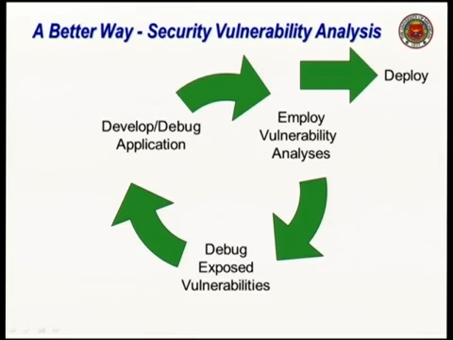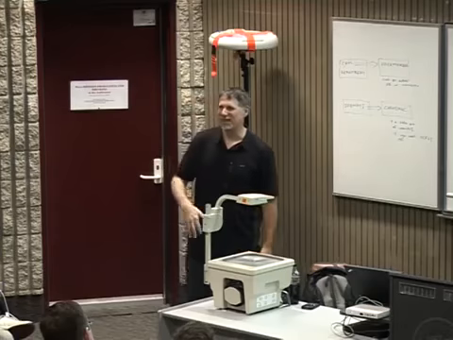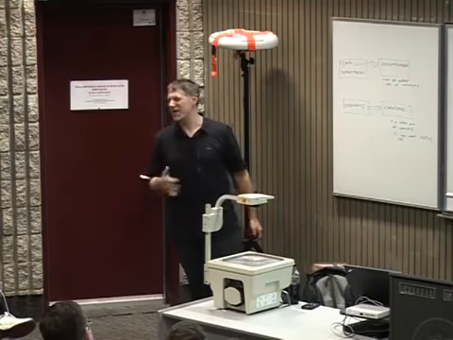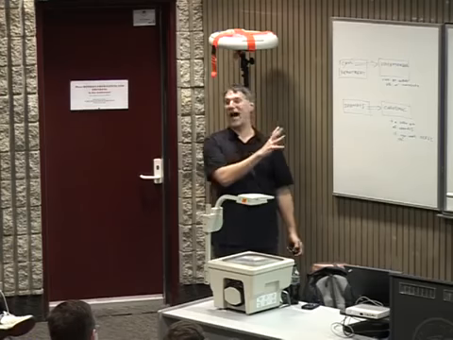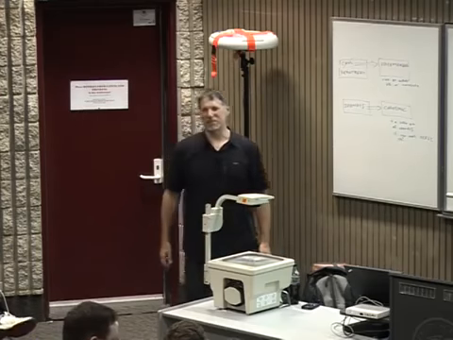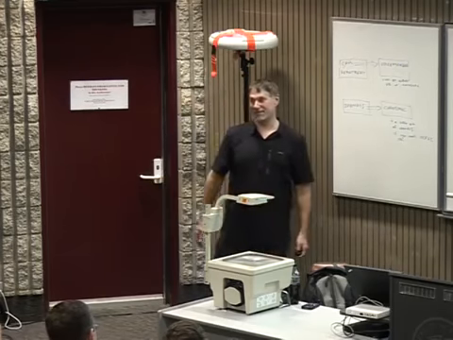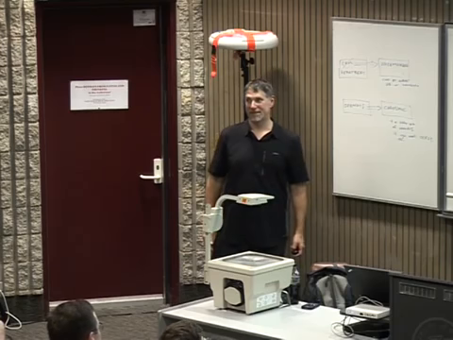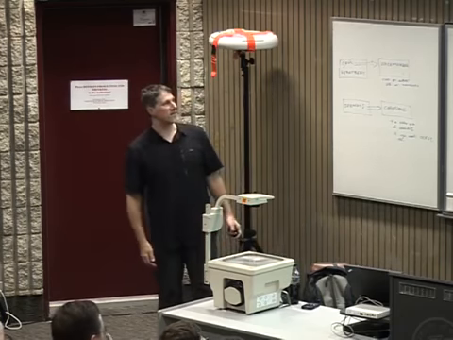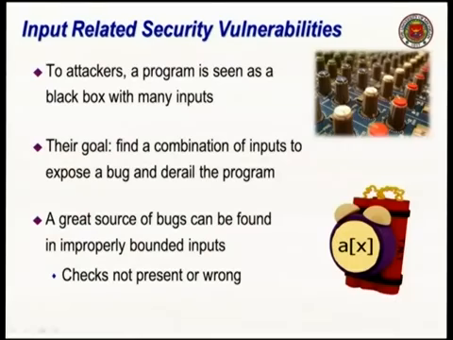Unfortunately, you never actually know when you're done. That's the halting problem. Alan Turing proved many years ago that you'll never know when to stop because of the complexity of programs. But we can do much better than the previous slide. So let's make this real. Let's look at what security vulnerability analysis is.